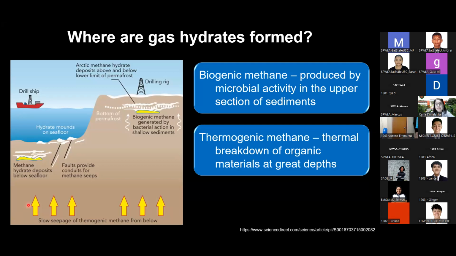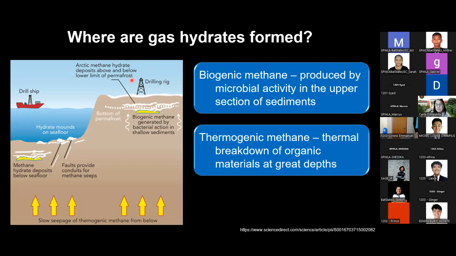So this is just a cartoon diagram that shows you the two regions that are favorable for the formation of gas hydrates. So these are permafrost regions where Arctic methane hydrate deposits may form above and below the lower limit of the permafrost. So here in some onshore areas, like in the Arctic region in Western Siberia, they have already been starting to commercially produce gas hydrates.